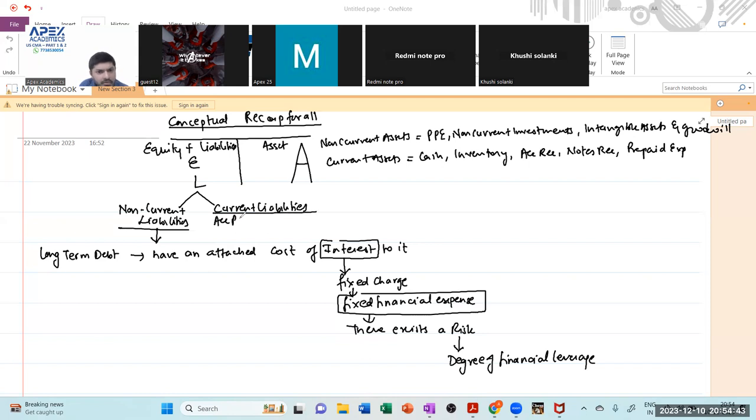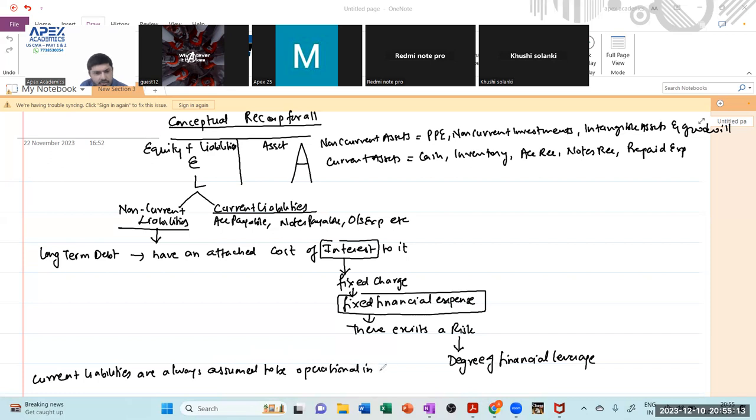Accounts payable, notes payable, outstanding expenses, etc. Please understand that your current liabilities are always assumed to be operational in nature. What is the meaning of this? They are related to business and not financing.